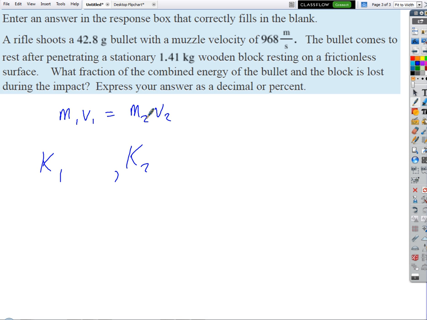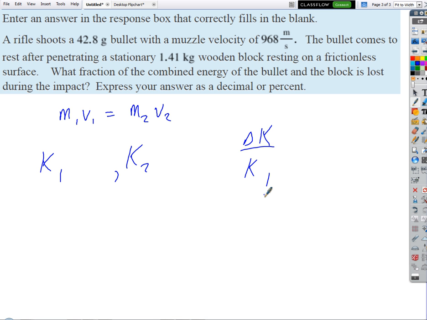Okay? And then essentially what you're trying to find is delta K over K1. So K2 minus K1 over K1 is all you're doing. How much is lost compared to what we started with, right? And we're going to write it as a positive number, though, right?